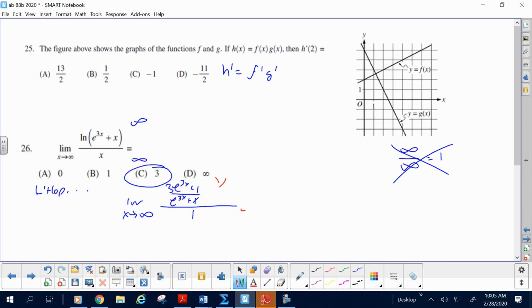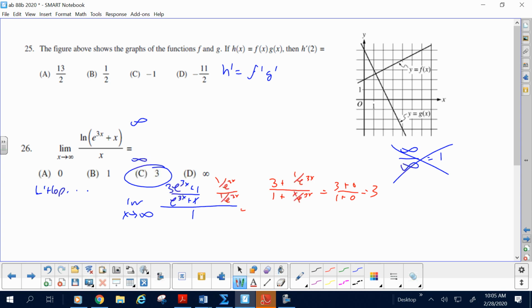One school of thought is you could do end behavior, and that works. You say, if you simplify this down, isn't this 3 plus 1 over e to the 3x over 1 plus x over e to the 3x? And doesn't that go to 3 plus 0 over 1 plus 0? That's one way to get it. End behavior is one way to get it. Another way to do it is to say, well, shoot, that's still indeterminate.